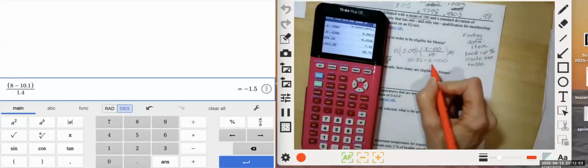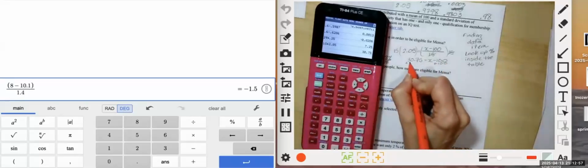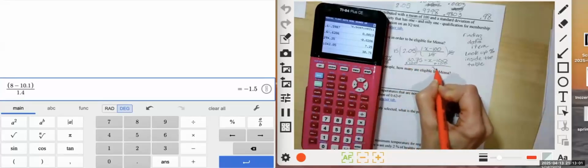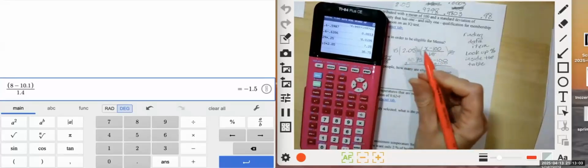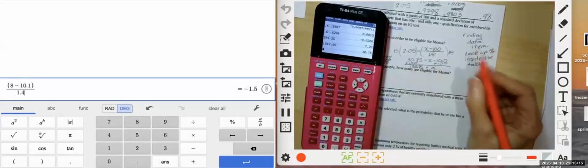So now I want to get the x alone, so I'm going to add 100 to each side. So x equals 130.75.